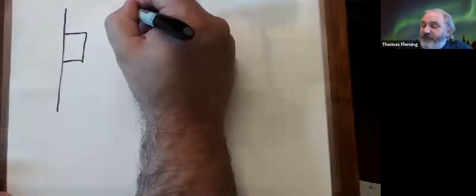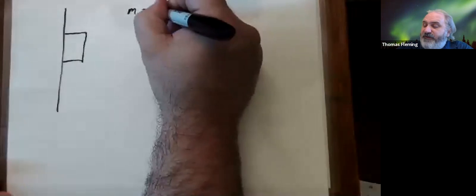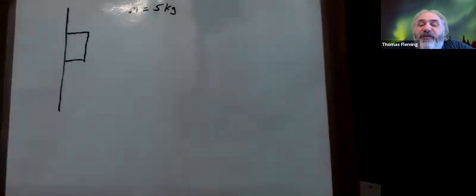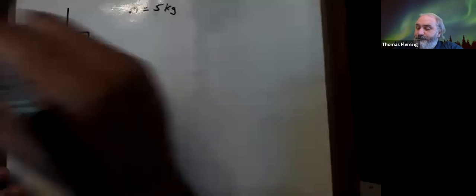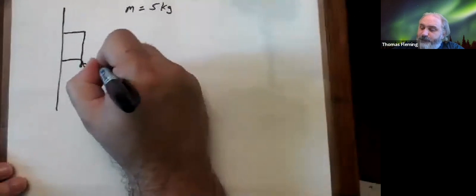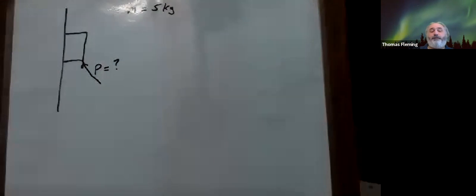And this box has a mass of, let's say, 5 kilograms. And what I'm going to do is push this box, but I'm going to push it diagonally with a force of some number of newtons.